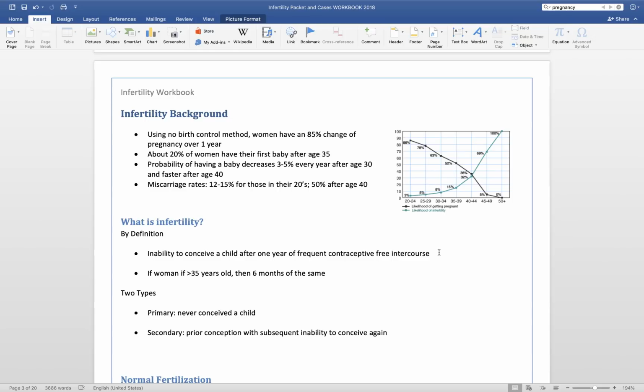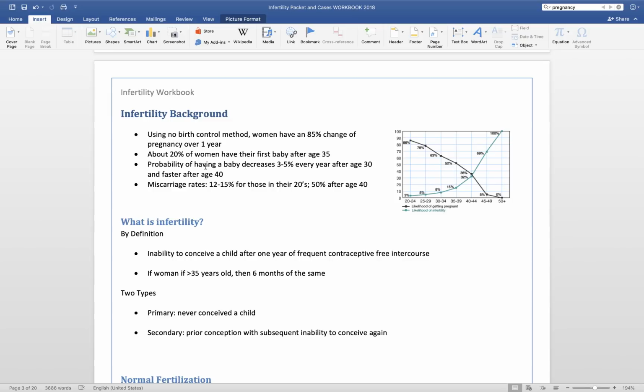If a woman is greater than 35 years old, this time period drops down to 6 months, and that's because we really want to have them evaluated a little bit sooner so that any problems can be addressed in a faster time period. If you review this chart, the likelihood of getting pregnant significantly decreases as a woman ages, and the likelihood of infertility is inversely proportional.